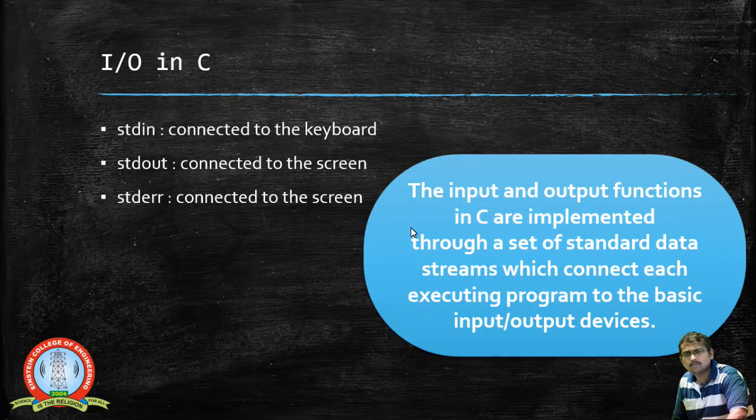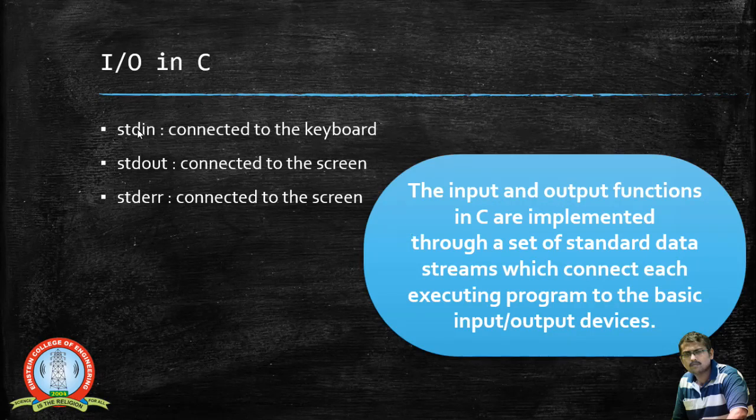Now coming towards IO in C programming, especially with respect to input and output, we have 3 streams available. These streams are very important: stdin is connected to the keyboard, stdout is connected to the screen, and stderr is also connected to the screen.